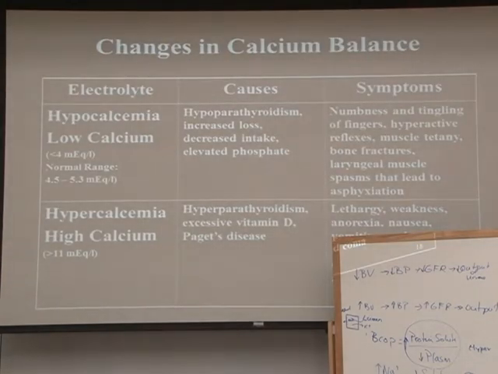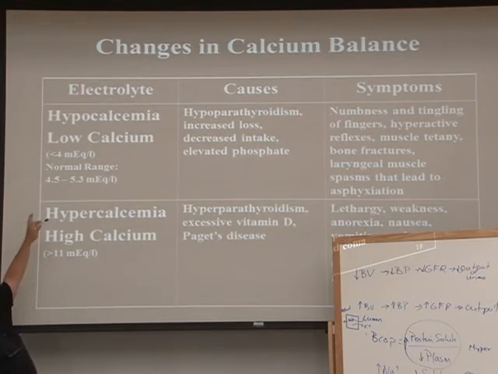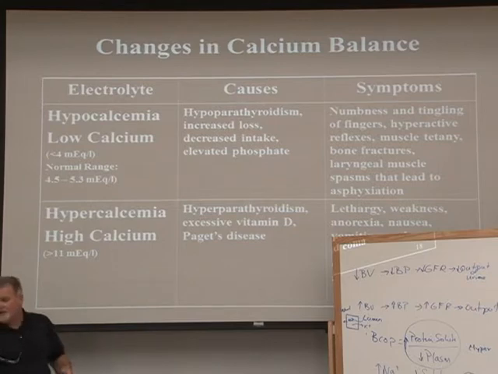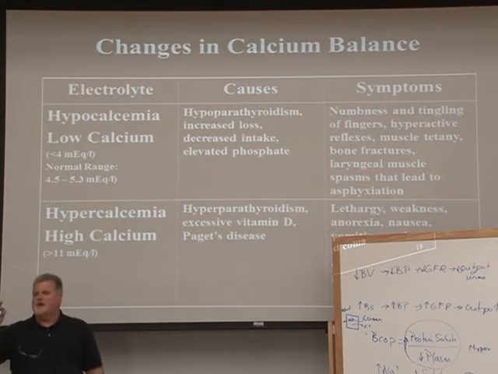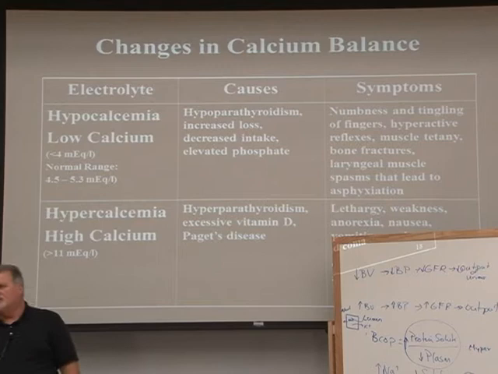So we look at calcium, then we have 4.5 to 5.3. If we drop below 4, we're in a hypo state. If we go above 11, almost twice as much, we're in a hyper state. So again, it's more forgiving on the hypercalcemic end. Without getting into a lot of detail, and we'll review it again when we do the endocrine system, remember the parathyroid and thyroid in your throat control calcium metabolism.